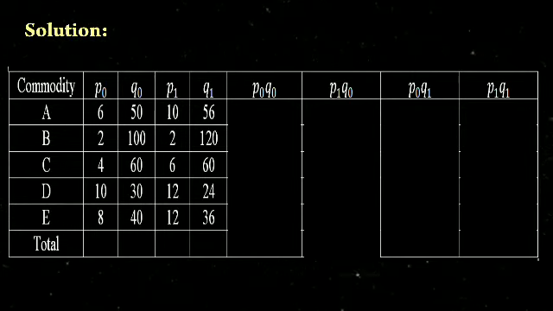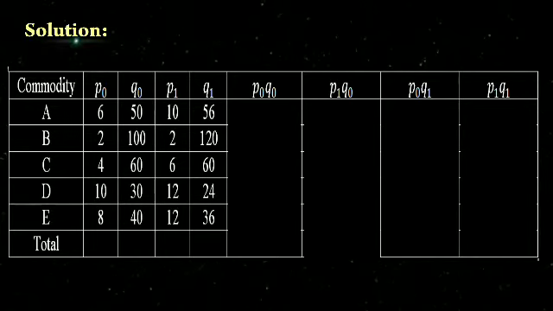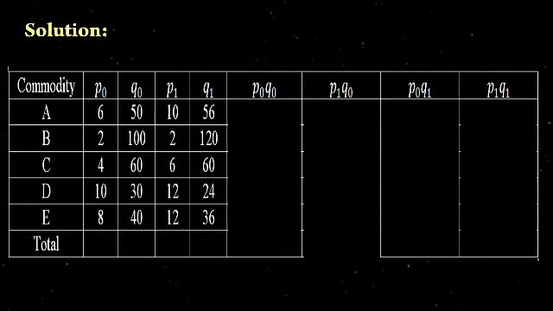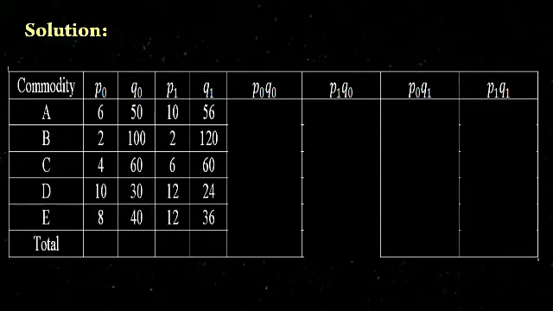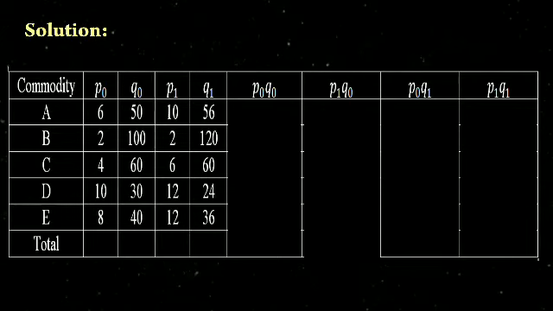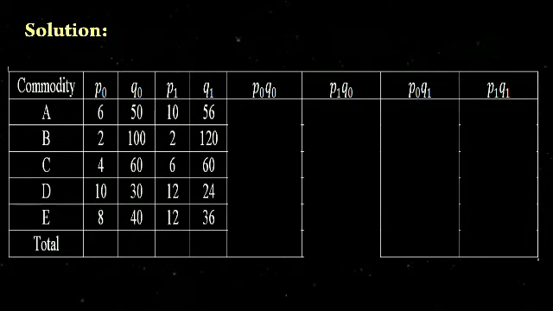So in order to get the index number, you should multiply the 2 sets of price values with the 2 sets of quantity values, so that you will get the product of all these values. If you can't remember P0 Q0, P1 Q0 and so on, first write the 2 formulas, Laspeyre's and Paasche's. In Laspeyre's and Paasche's, numerator and denominator, you will get 4 different products.